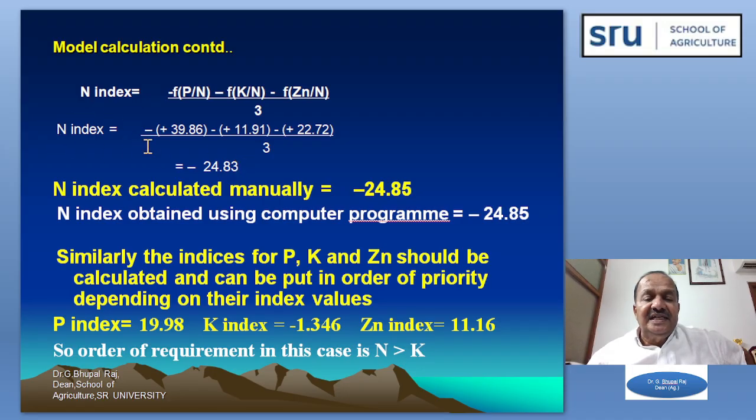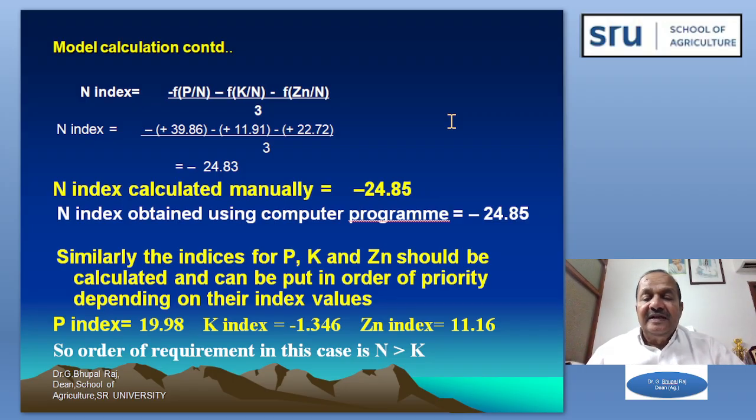This is the nitrogen index value, minus 24.83. The manually calculated value is 24.85. Then the nitrogen index was obtained using the computer program. For all these statistical calculations, we developed one software at the computer center of Professor Jaishankar Telangana State Agriculture University, with the help of the principal scientist in computers.